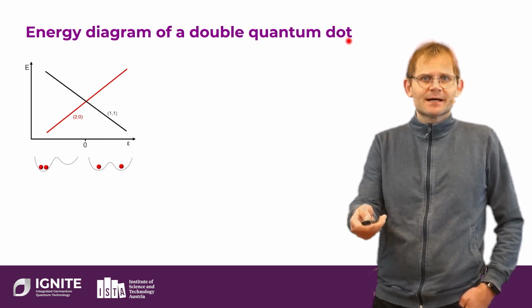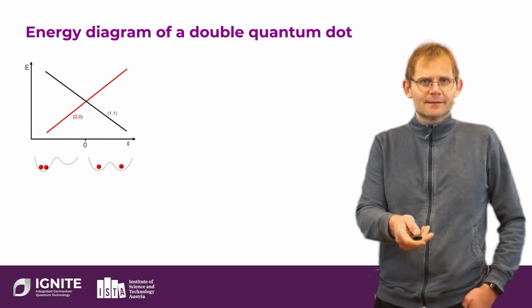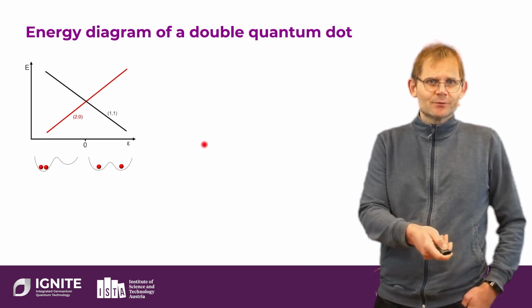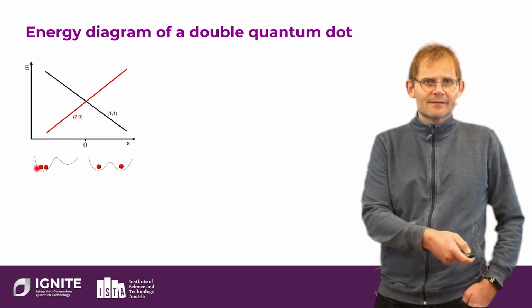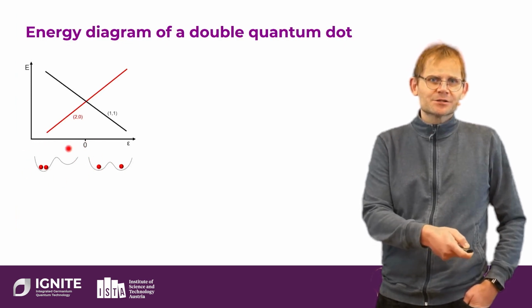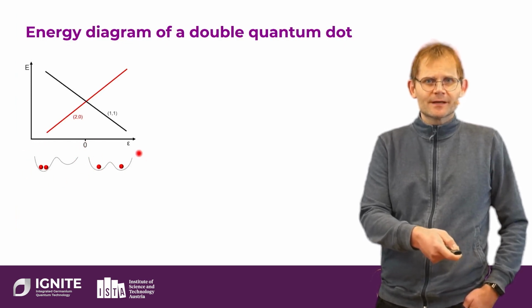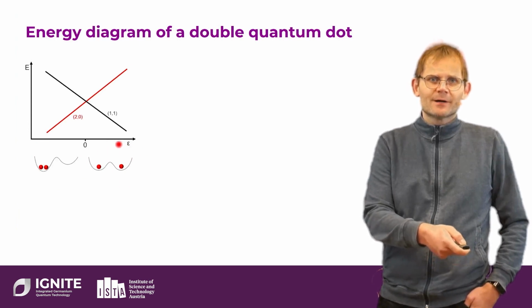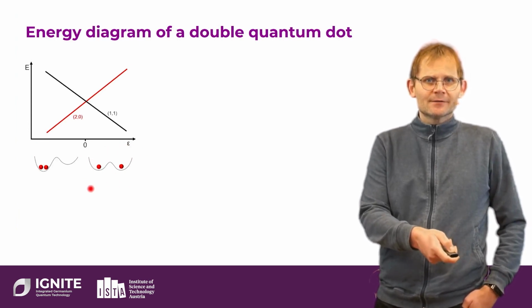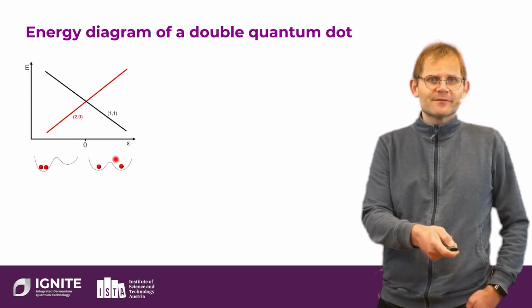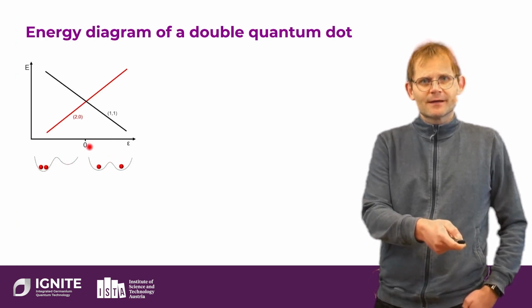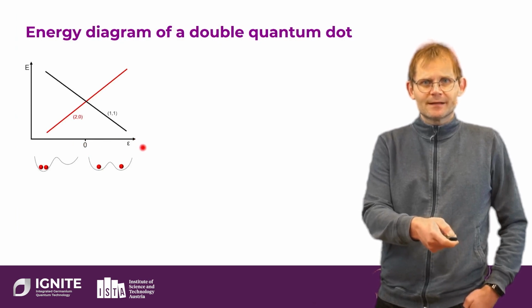How does the energy diagram of a double quantum dot look like? So again, I show you below the energy diagram, the two configurations. So you can have either two charges on the left dot, or you can have one charge on the left dot and one charge on the right dot. And whether the one configuration or the other is favorable depends on the detuning, which we denote epsilon.